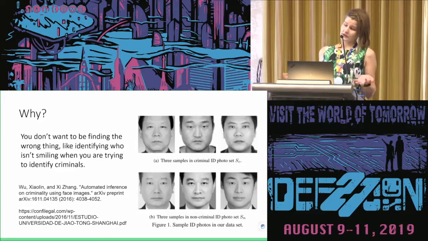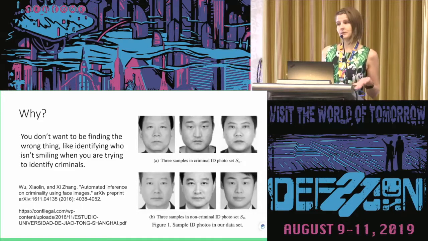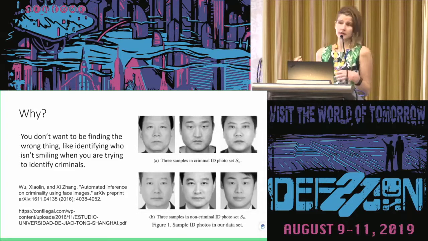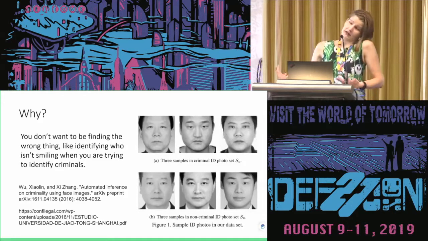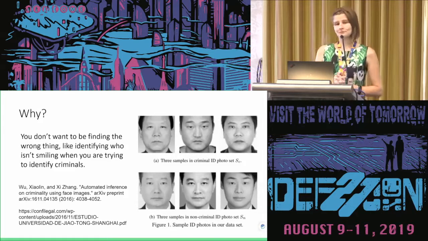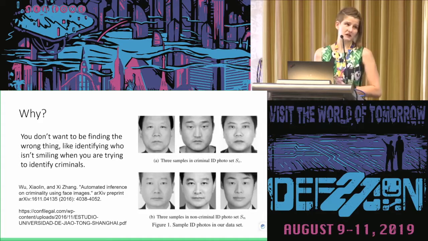Especially when you realize that they weren't even comparing pictures from the same source. They were comparing mugshots to photos that they found on the internet of smiling people.